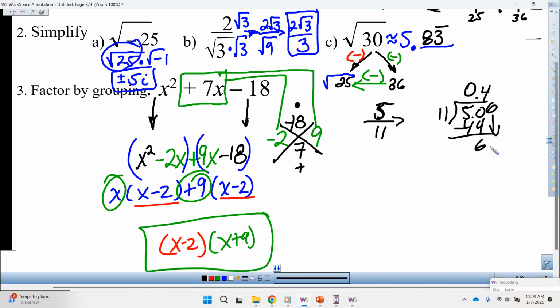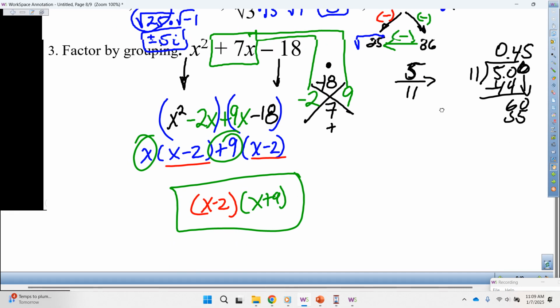Add a 0. 11 fits in there 5 times. 55. And then they repeat. So it's 5.45 repeating. All right. Thank you for the correction.